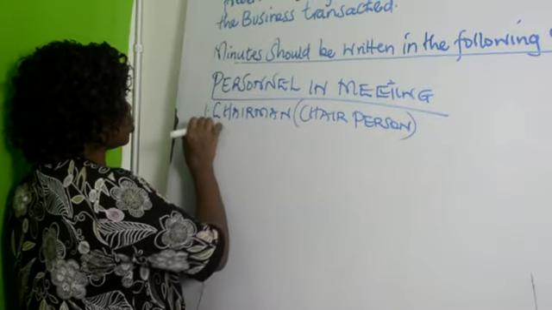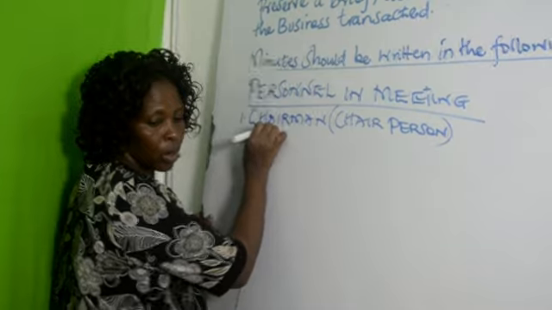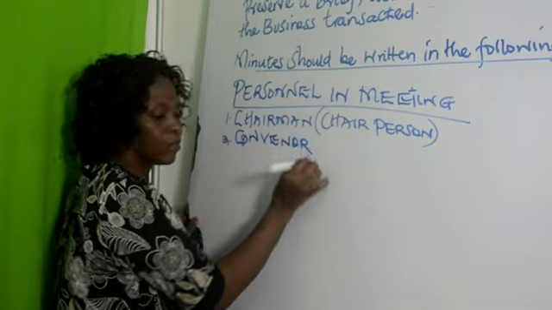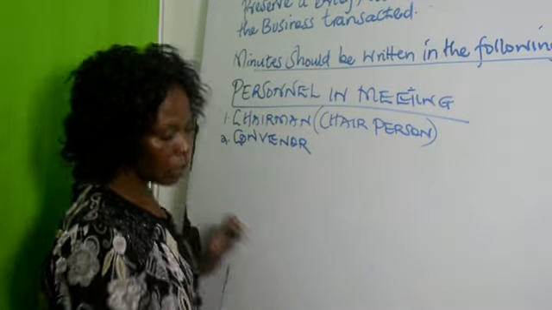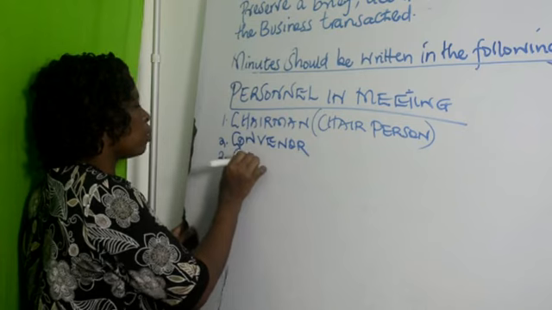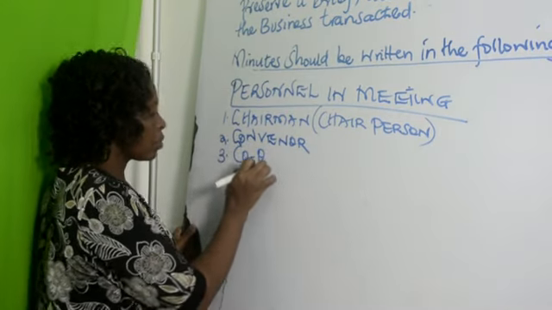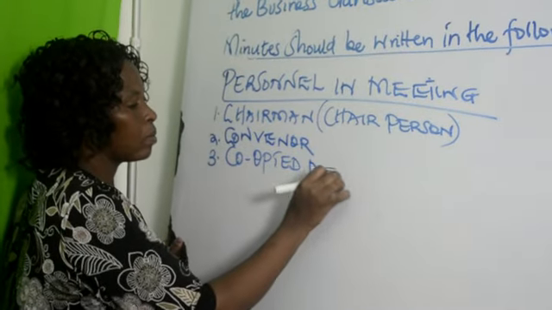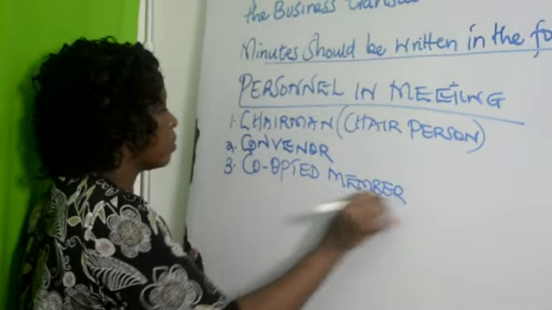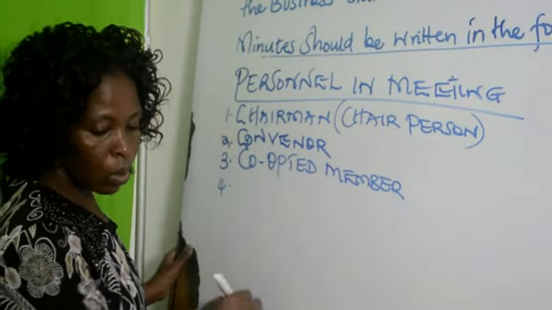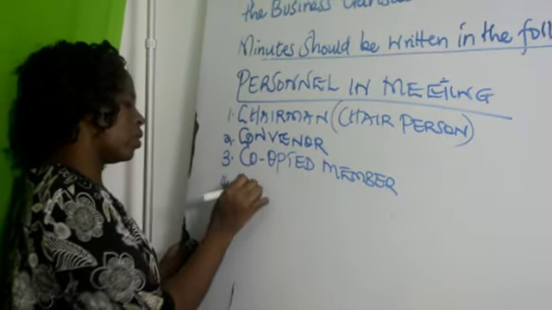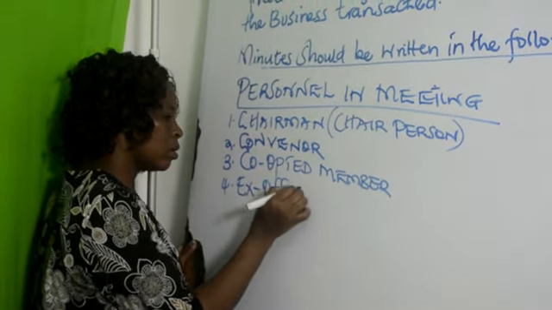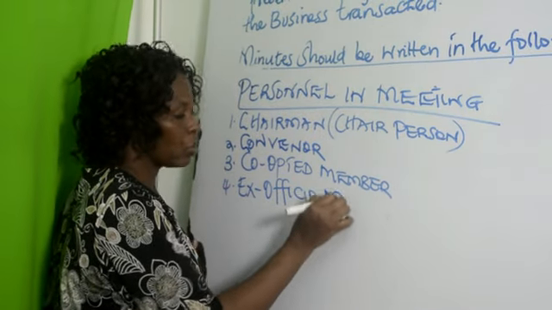Number 2 is the convener. We have a co-opted member. We have an ex-officio member.